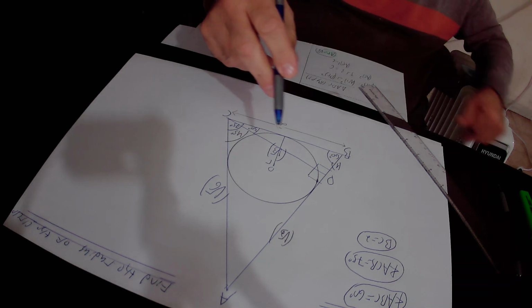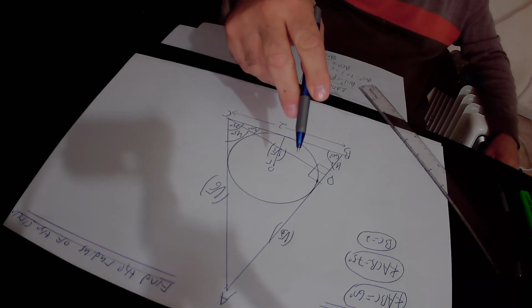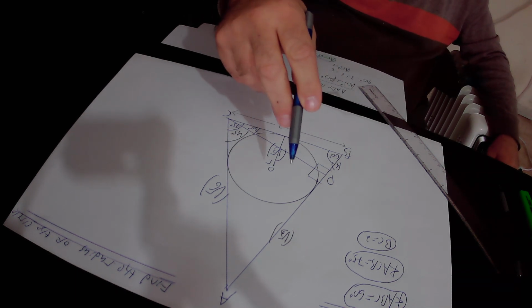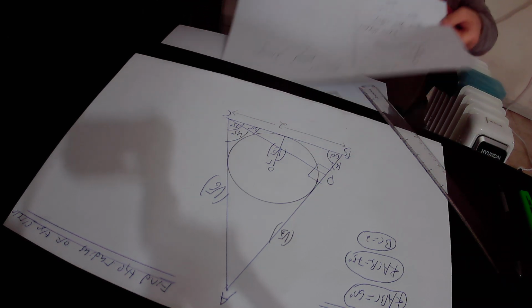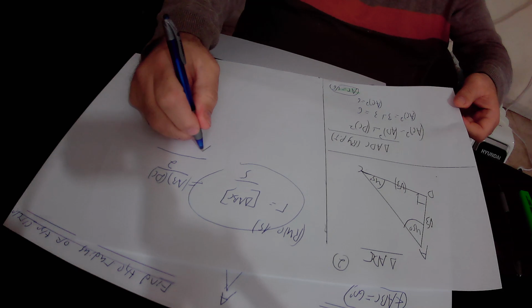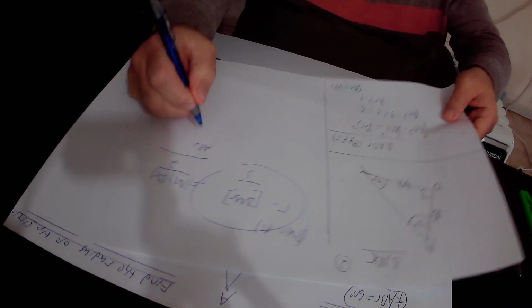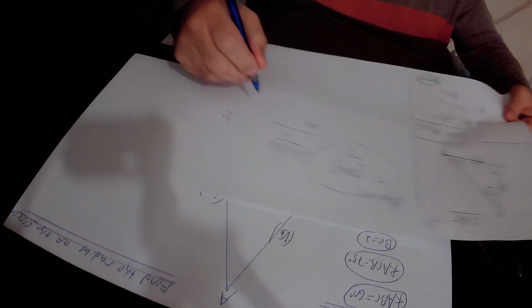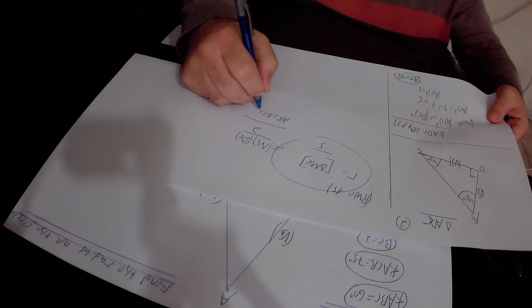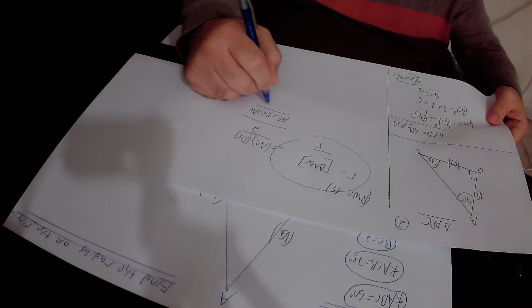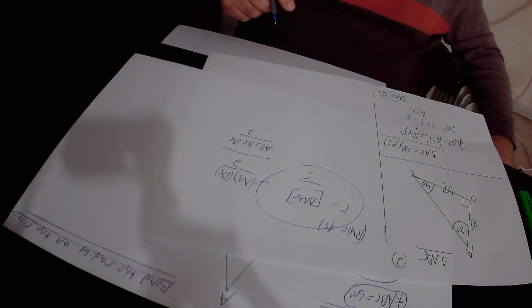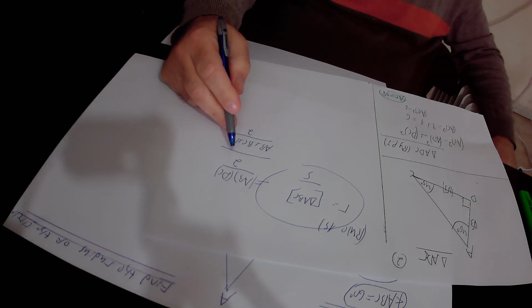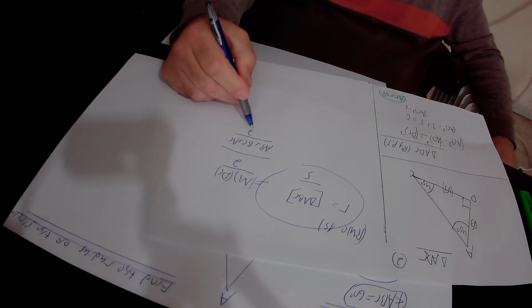The semi-perimeter of triangle ABC equals the perimeter over 2. The perimeter is AB plus BC plus AC, AB plus BC plus AC divided by 2. So here we have 2 in the numerator and 2 in the denominator, so the 2 will get cancelled.